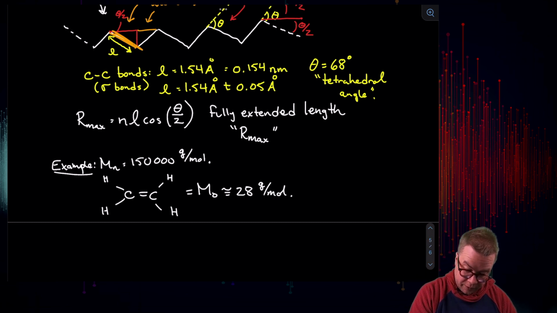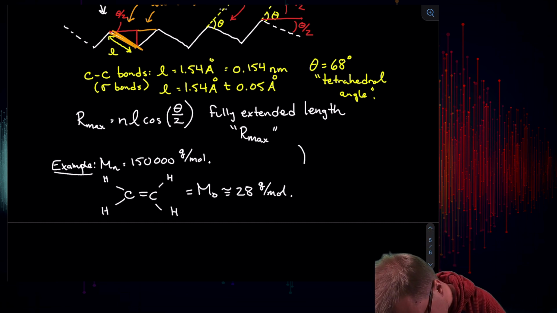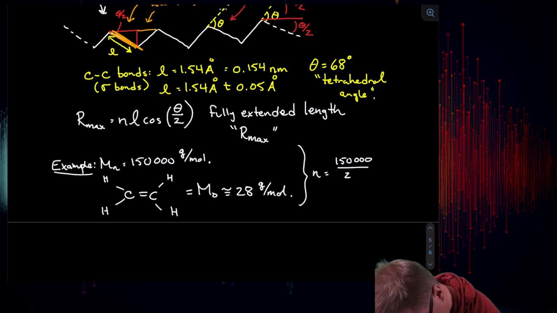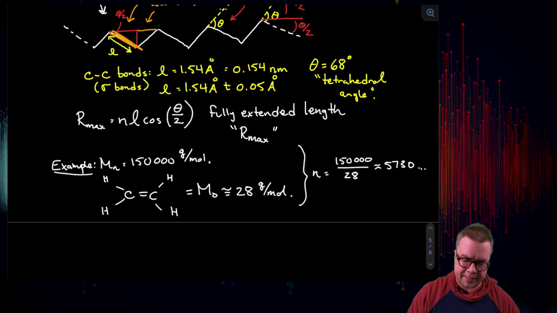Okay, so if that's polyethylene that we're looking at, and we've got the monomer that has that molar mass, then it means that the total number of monomers that I have, N, will be 150,000 divided by 28, and that's like 5730 something. Okay, you can calculate the exact value.